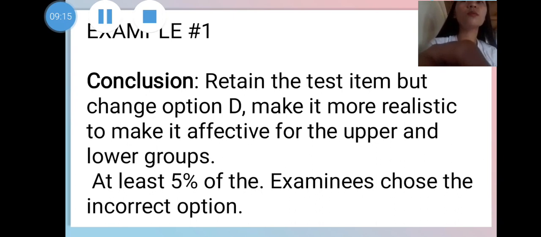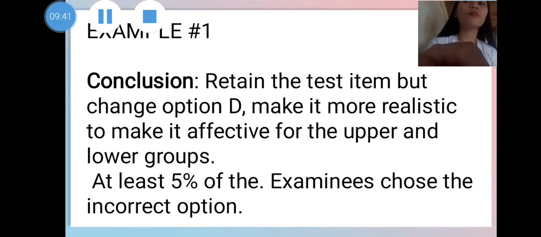color. So, di ba, for example, the answer of the particular question is color red. So, dapat ang mga choices are sa letter A, green, letter B, red, which is the correct answer, letter C, black, and letter D, orange. So, di ba, masyadong malayo yung letter D. So, that is why alam ng mga students na color yung sagot.